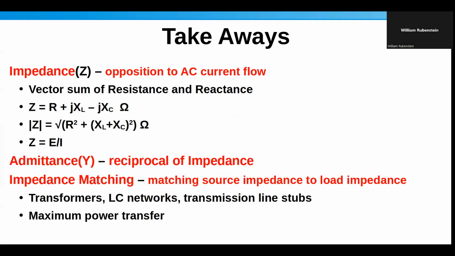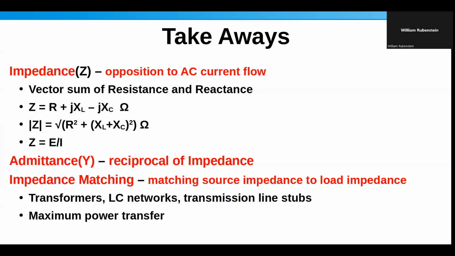Okay, so we also learned that impedance Z is the opposition to AC current flow, the total opposition. It's the vector sum of the resistance and the reactance. So the formula is R plus jXL minus jXC in ohms. The magnitude is given by Pythagoras' theorem.